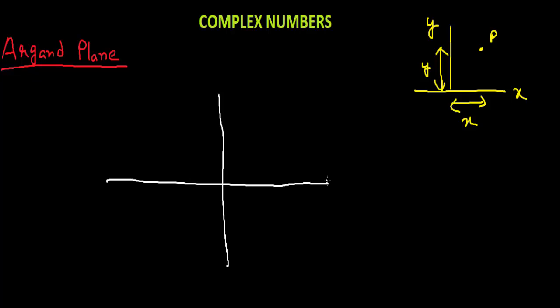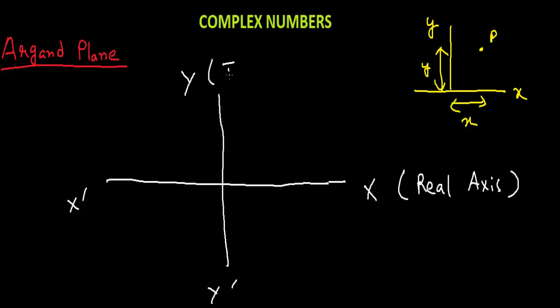We will consider this as capital X and this as capital Y, X dash, Y dash. Suppose we have complex numbers. This here is known as the real axis, and this is known as the imaginary axis.